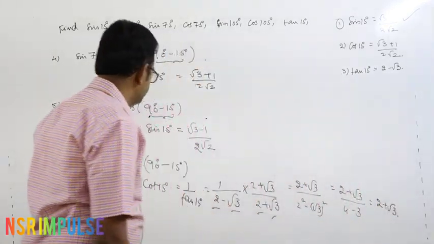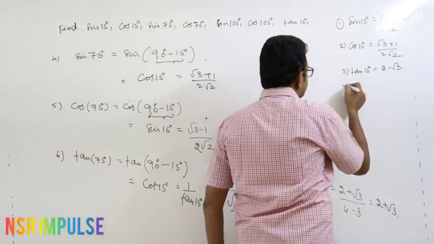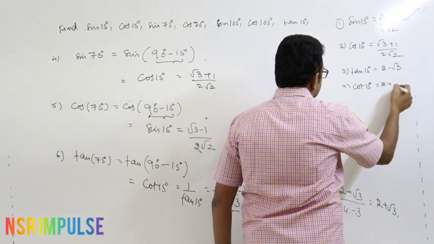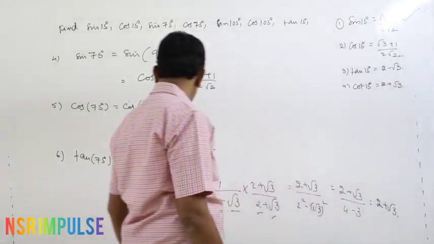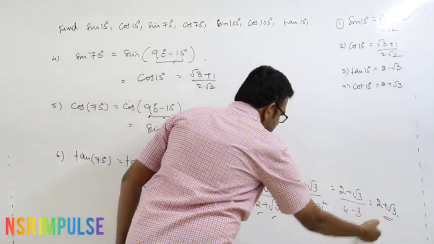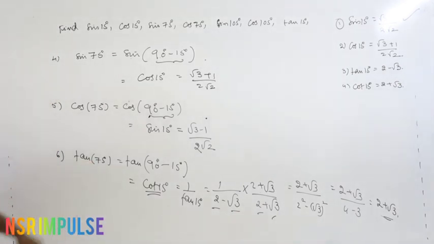Therefore, cot 15 degrees value is 2 plus root 3, that is equal to tan 75 degrees.